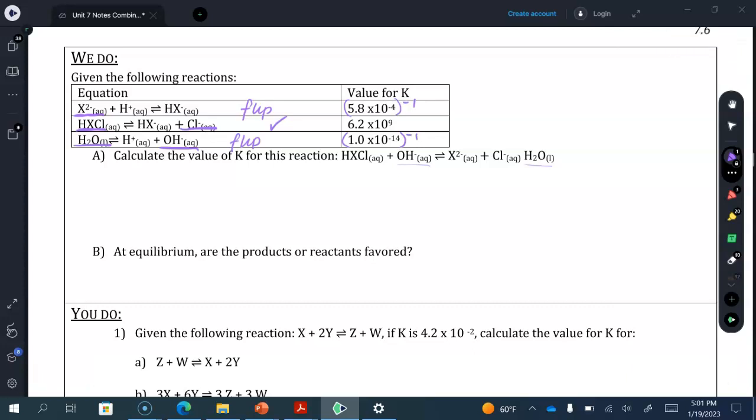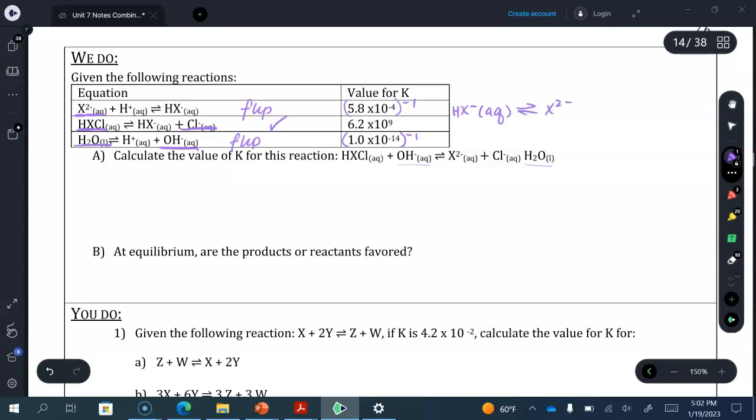Okay, so rewriting this to show that it combines, I'll do that real quick. HX, X2 minus plus H plus, and then our next one stays the same. And then finally flip the other.